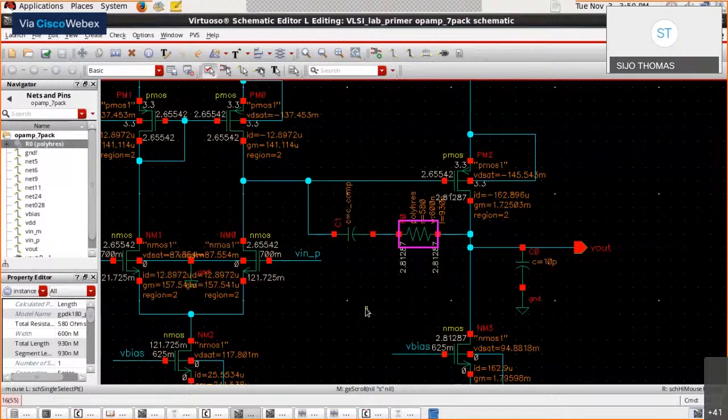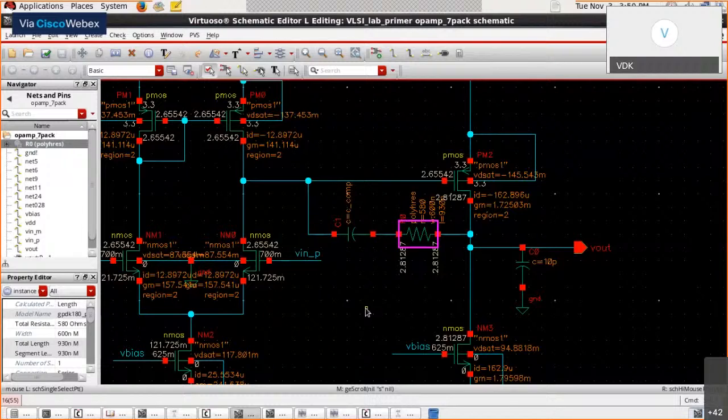So what we now do is recognize that the RHP zero comes into the picture because of this compensation capacitance, and its effect is to couple the input node of the second stage to its output node. So if I can minimize this feed forward coupling through the compensation capacitance between the input and output node of the second stage, then that actually helps.